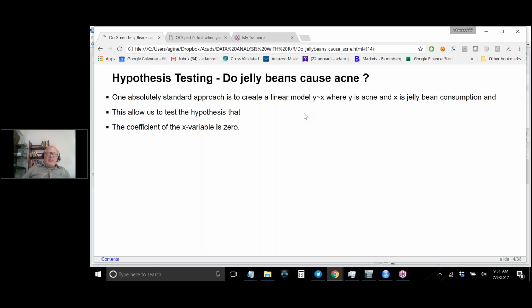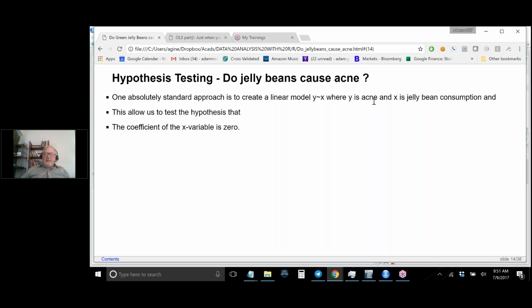Agreed. So we're going to do a hypothesis testing. Do jelly beans cause acne? And that means we're going to create a linear model where y is acne and x is the count of jelly beans. Okay, so we want to create a model y, acne, equals some multiple times jelly bean consumption plus a constant term.